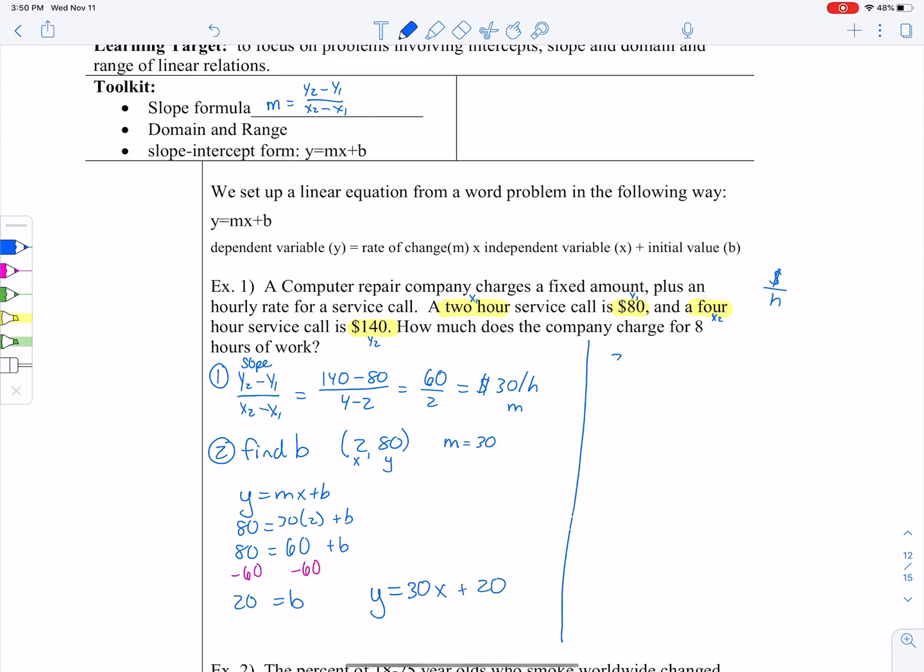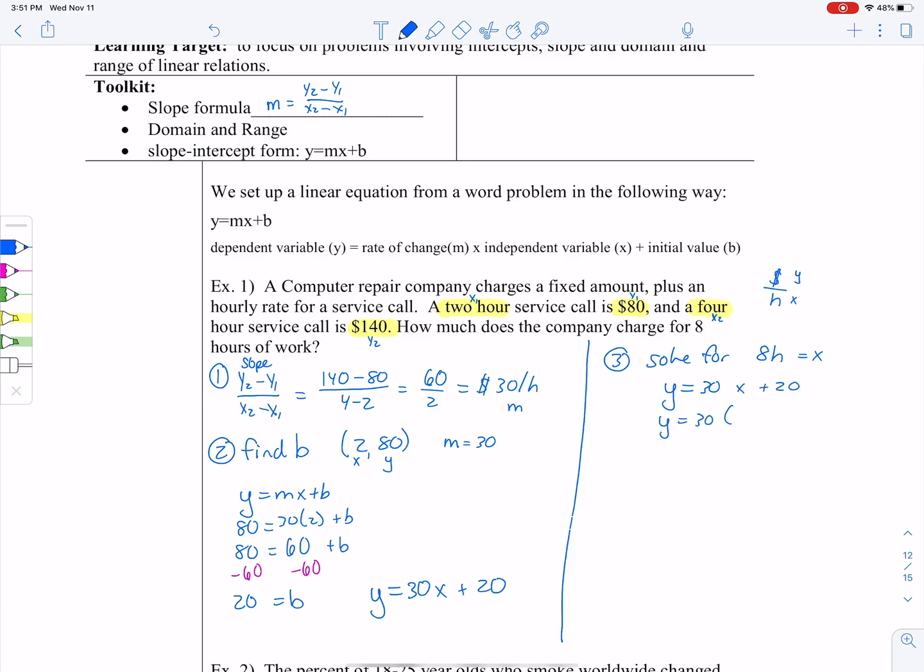Okay, now we want to solve for, here it says 8 hours of work. So we're going to solve for 8 hours. Remember here, this was y and this was x. So it means x is hours. So we need to solve for y. y is equal to 30x plus 20.